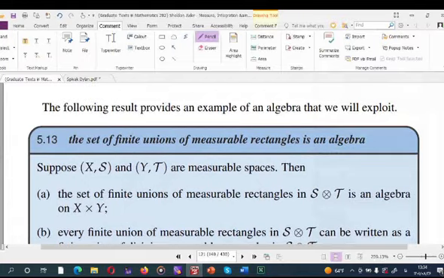In this session, we follow other concepts in product measures, and the following result provides an example of an algebra that we will exploit.